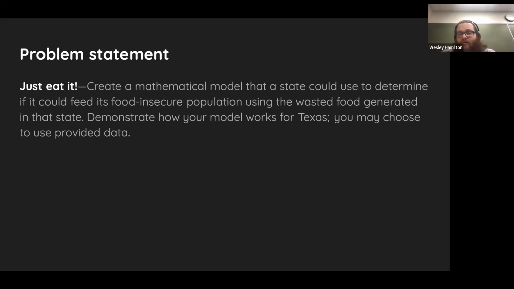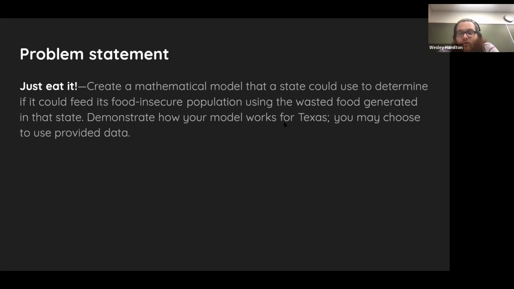So, as I said, we're going to be looking at submissions to the problem that we looked at last week. What was the problem that we looked at? So the first part was the following. Just Eat It. Create a mathematical model that a state could use to determine if it could feed its food insecure population using the wasted food generated in that state.